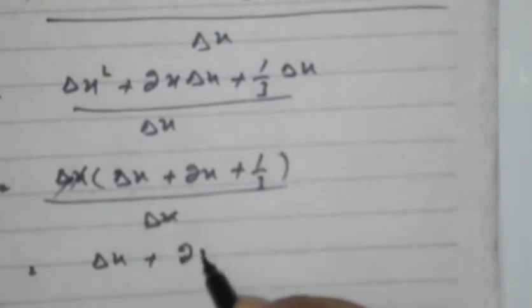Here we get del x square plus 2x del x plus 1 by 3 del x divided by del x. Take del x common from the numerator. We get del x plus 2x plus 1 by 3 divided by del x. Del x cancels with del x. We get del x plus 2x plus 1 by 3.